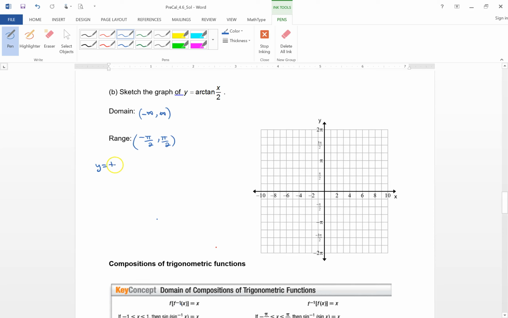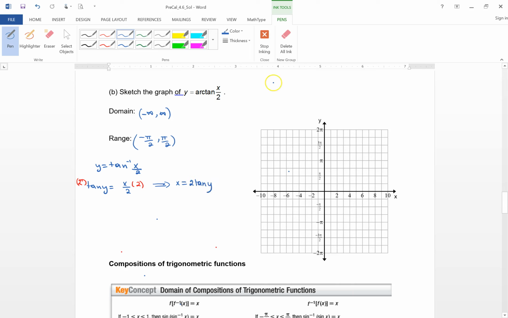So this is y equals inverse tangent of x over 2. You take the tangent of both sides, so you get that tangent of y equals x over 2. Multiply both sides by 2. So you get that x equals, what is x equal to? 2 tangent of y.